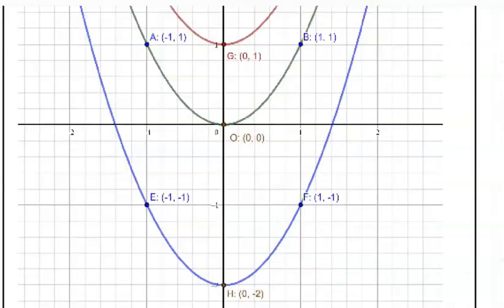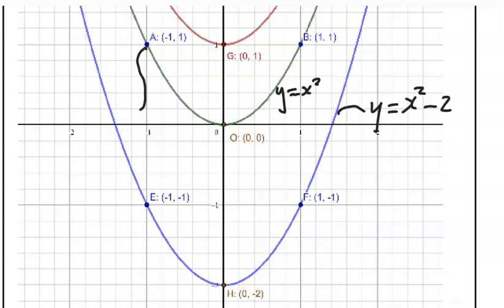That's all. Again, we have our y equal to x squared, our mother graph, the green graph. And here we will now have y equal to x squared minus 2. So if we look at the distance here, it's 1 unit, another 1 unit, so we have a distance of 2. Here we have a distance of 2, and there we will also have a distance of 2.